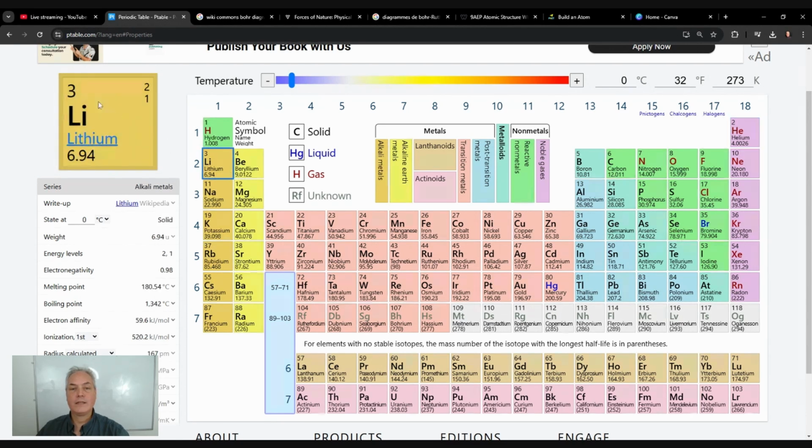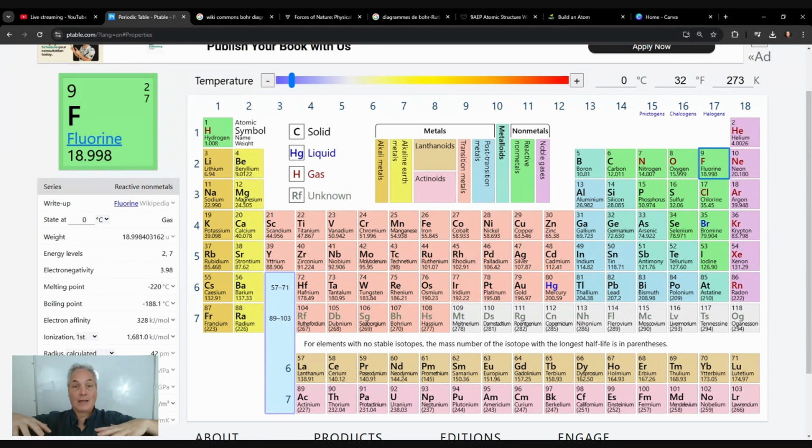If I go to lithium, 3, beryllium, 4, boron, 5. As you can see, every time I go to the next element, this atomic number is increasing. So we could say that the atomic number is the identity of an element within what we know of matter and chemistry, and also gives its place in the periodic table.